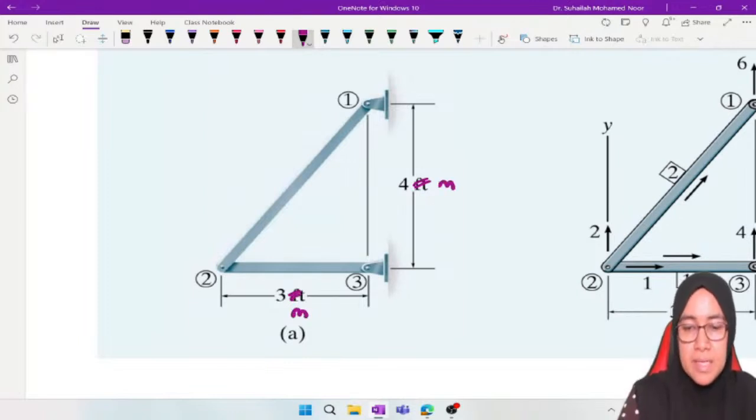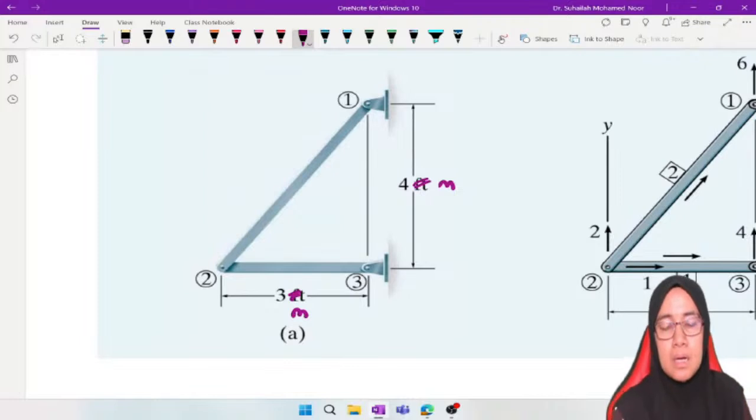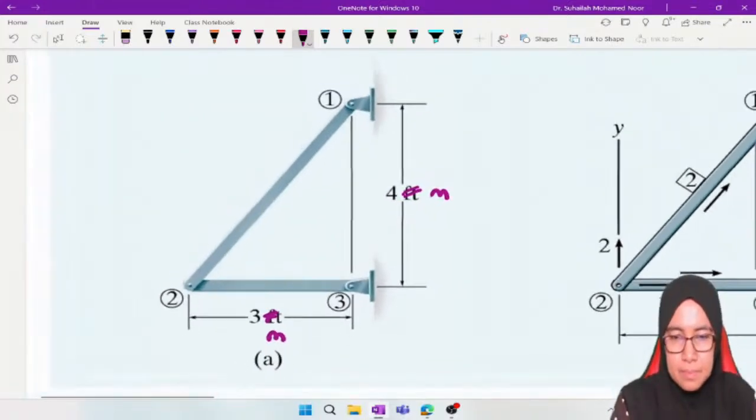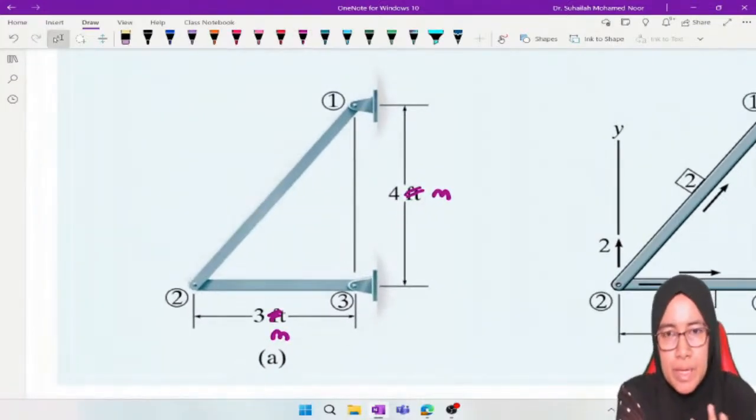We use the SI unit. So we want to analyze this truss. We are going to establish number one, element global stiffness matrices K1 and K2, and number two, the structure stiffness matrix. So that is the objective for this session.